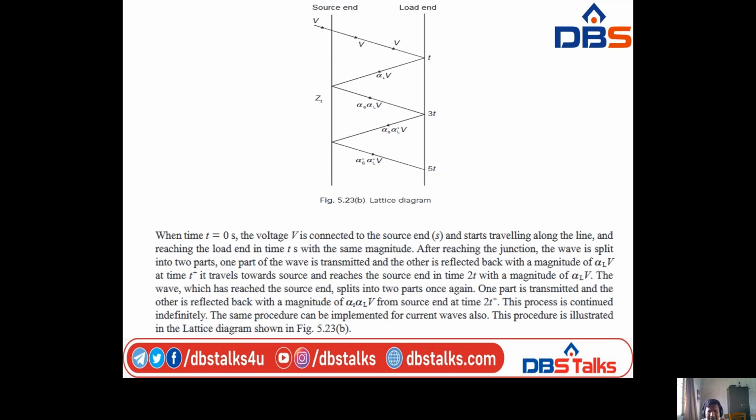At a time t plus, again it will be flowing through the load end towards the source, and it reaches the load at a time 3t with the magnitude alpha S alpha L V, and this process will be continued identically.